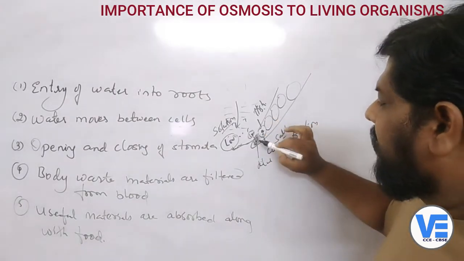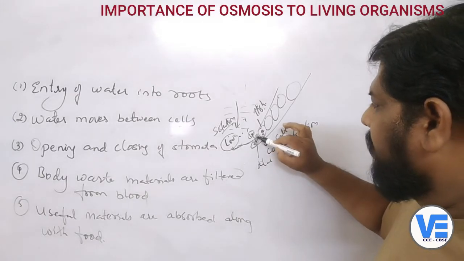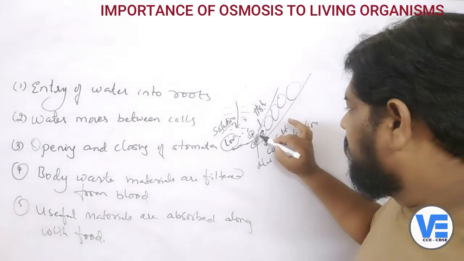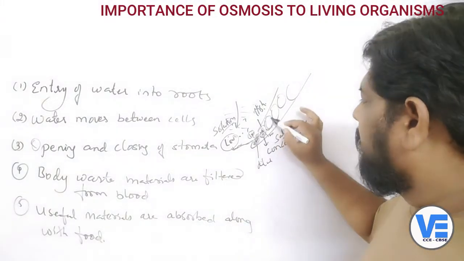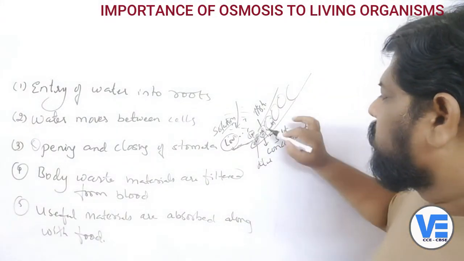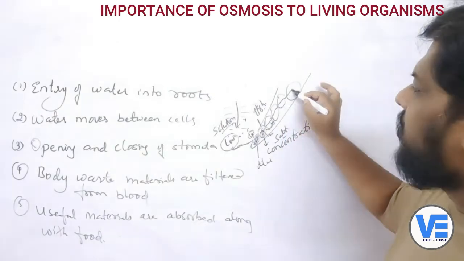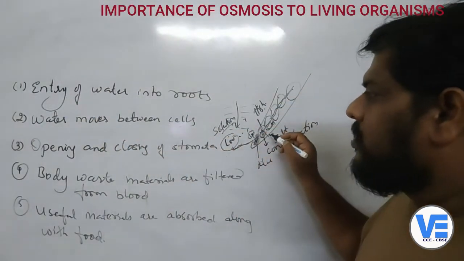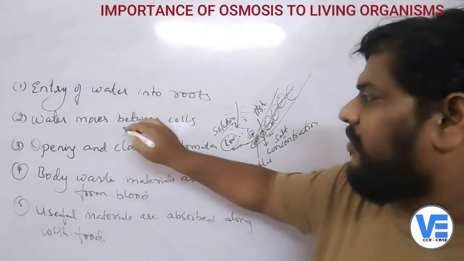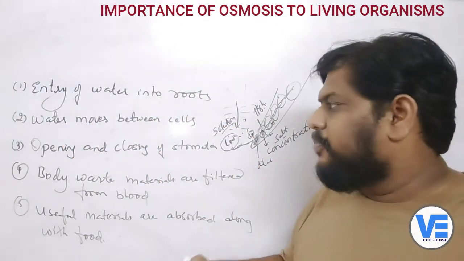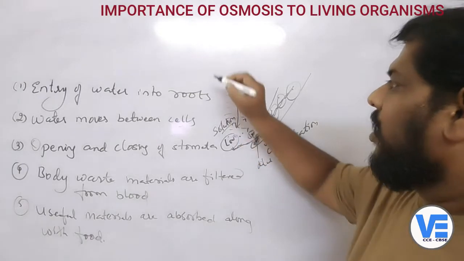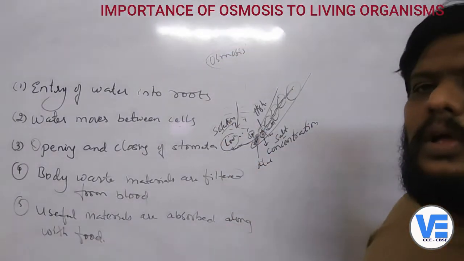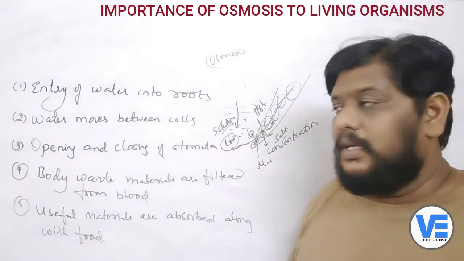So again, the water, the solution from this will move into this cell, and again now this will become low concentrated, this will become high concentrated. So again, in this process, the water will keep on moving. So entry of water into the roots and also movement of water between the cells, all this process takes place because of osmosis. This is how osmosis is helpful to the plants.